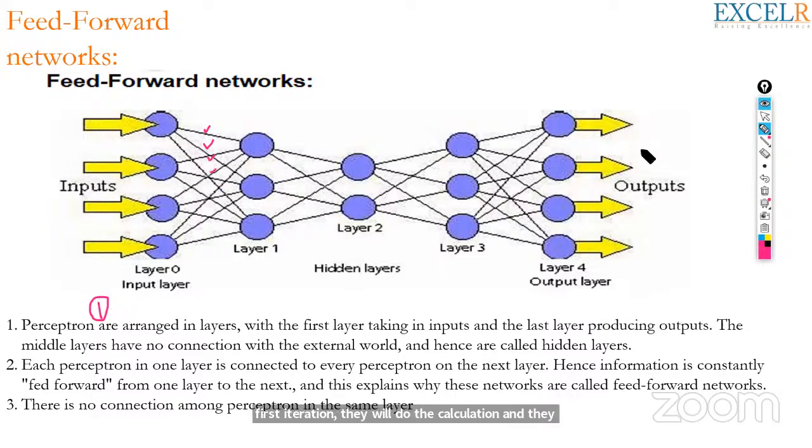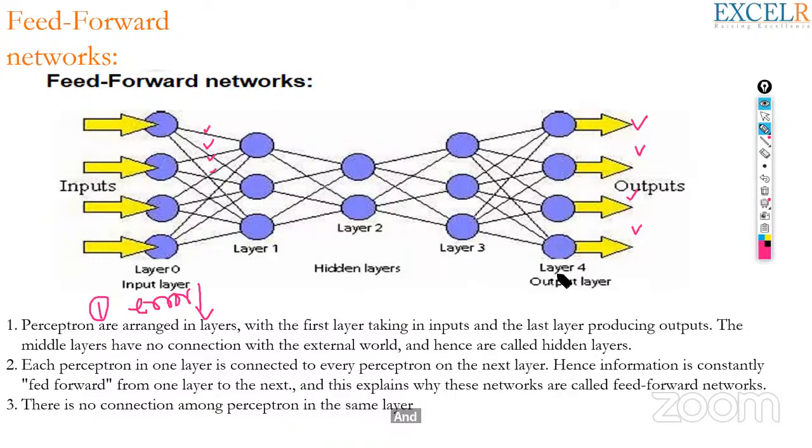So with this random value of the weight, in the first iteration, they will do the calculation and generate the output. Now, this neural network architecture will calculate the error after each and every execution. After each iteration, it will calculate the error. And to minimize this error, the neural network will optimize this random value of weights.